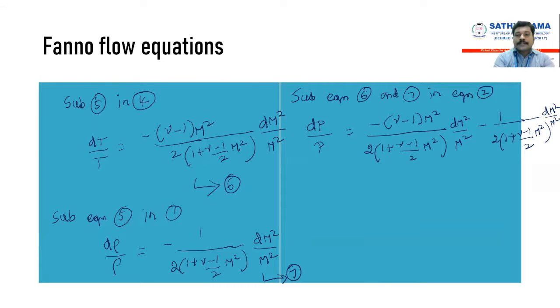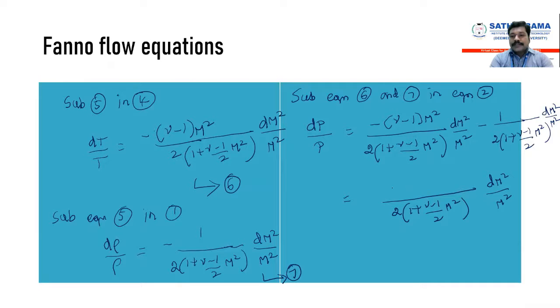So I'm taking this LCM term, 2 into 1 plus gamma minus 1 divided by 2 M square, and we have dM square by M square.